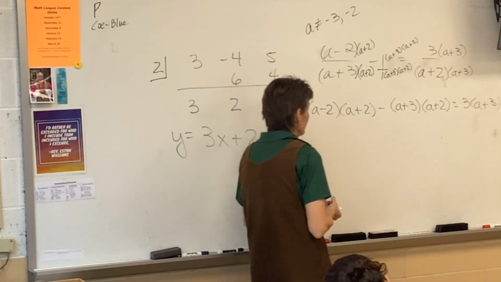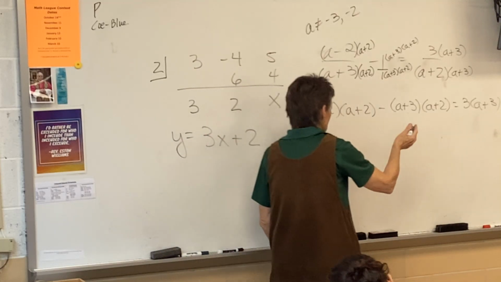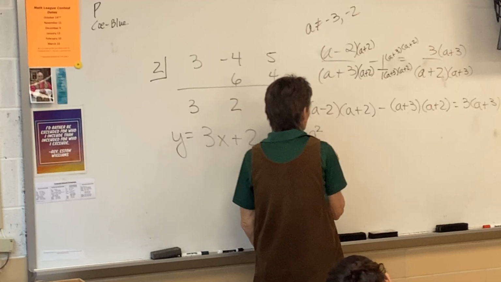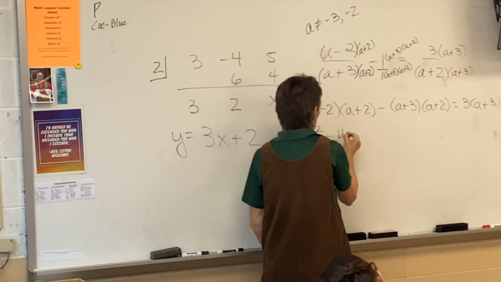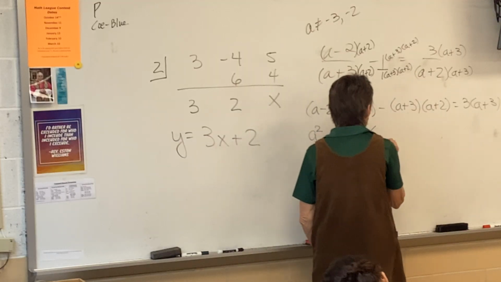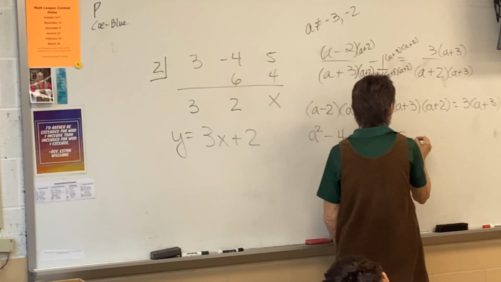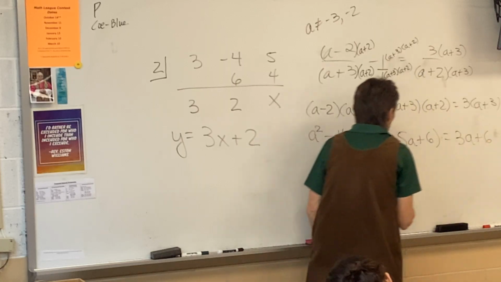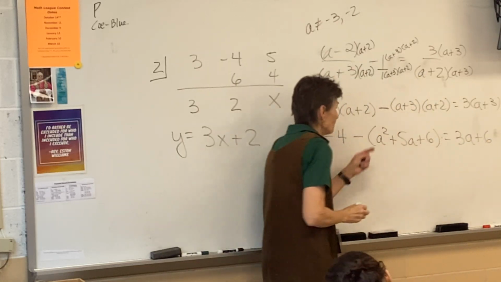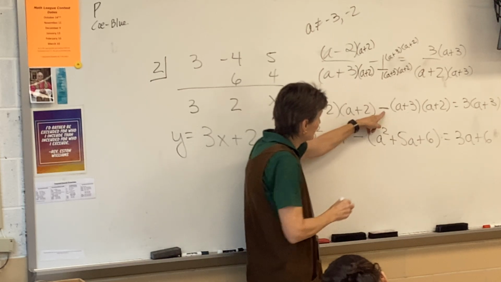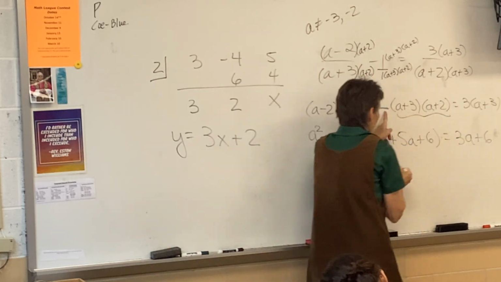Keep collecting the like terms. So a squared minus 4 minus a squared plus 5a plus 6. This can be a little bit tricky. Remember, that's a subtraction. So we are subtracting this whole thing.